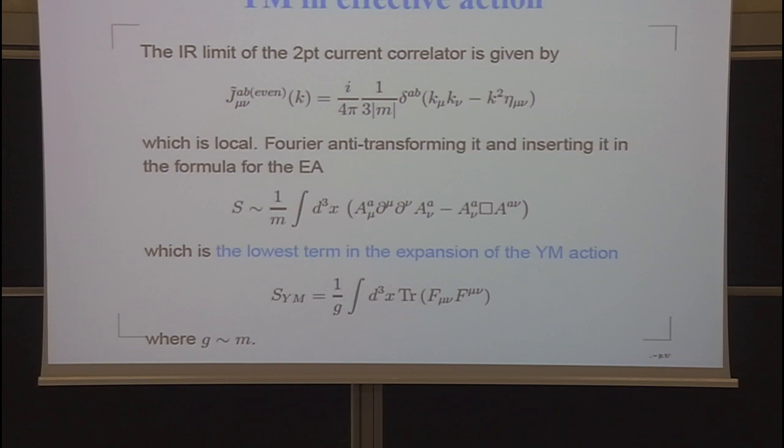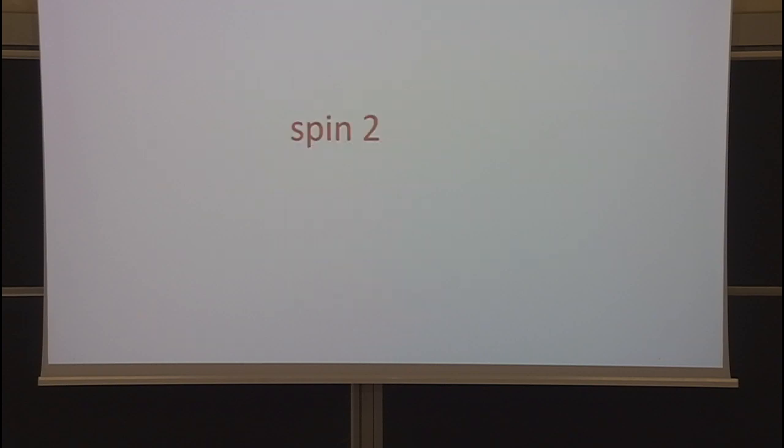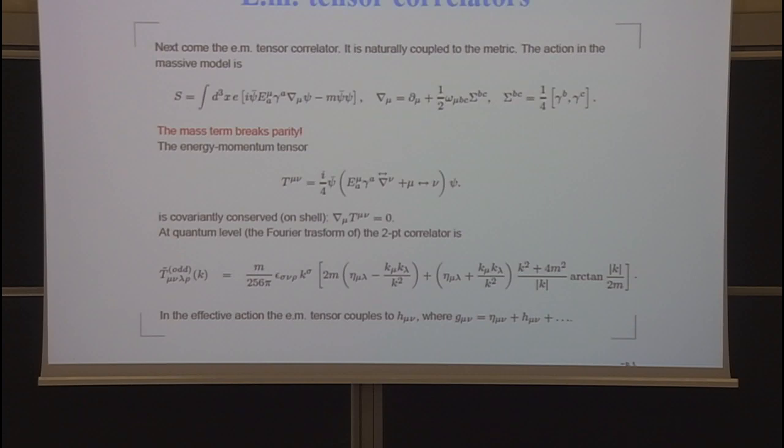And so we ask ourselves, but is this a general fact, or is it just an accident? If we go on to spin 2, we find a similar property. That is, we couple this to a metric. And again, in this case, the relevant conserved current is the energy momentum tensor. And you find the 2-point function of the energy momentum tensor. You find this expression.